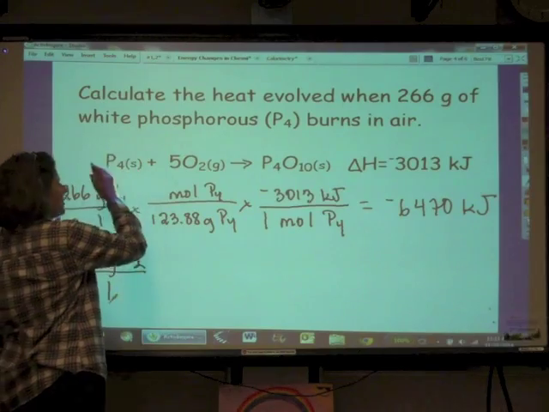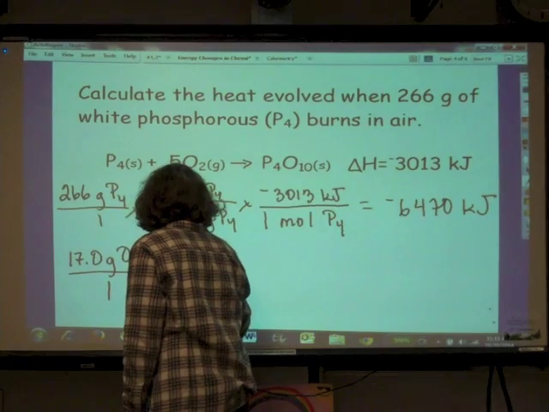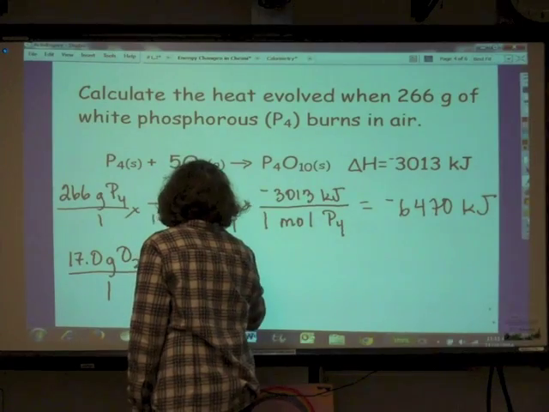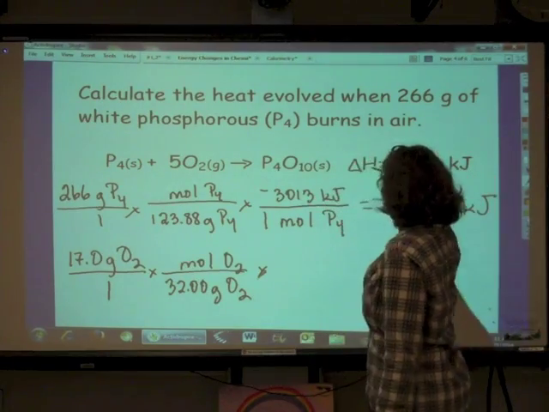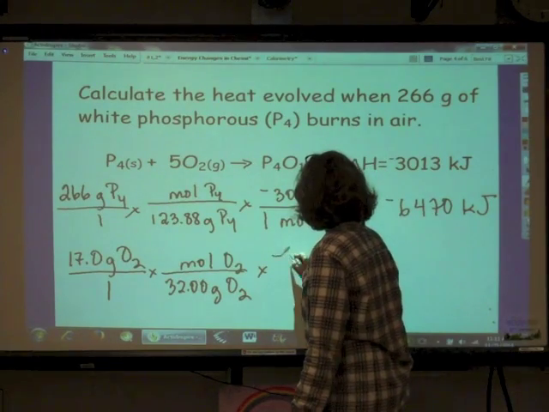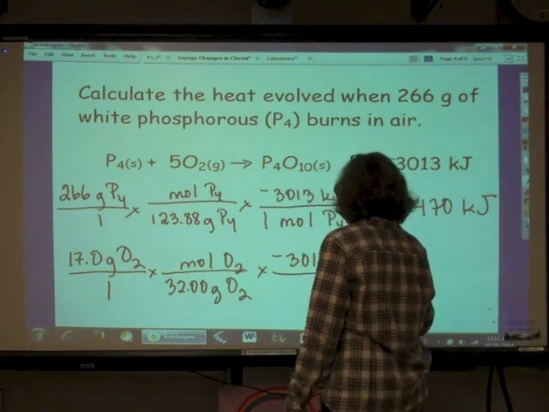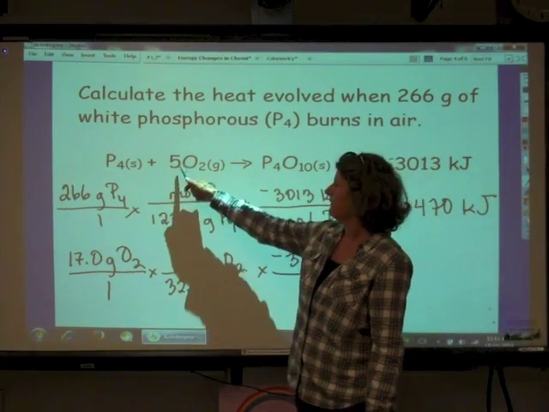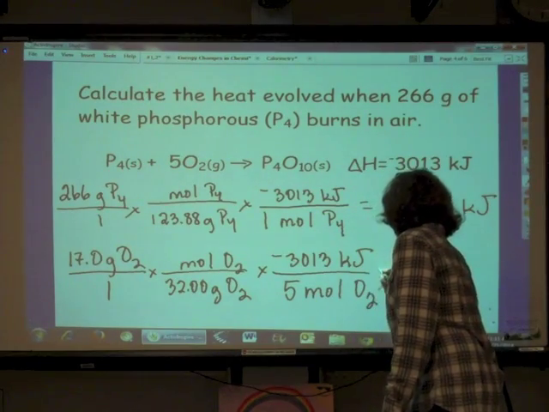So again, this whole thing is given in terms of moles. So we're going to convert grams to moles, 32.00 grams of O2 per mole of O2. And then what this tells us is we have negative 3,013 kJ associated with consuming how many moles of O2? 5 moles of O2.